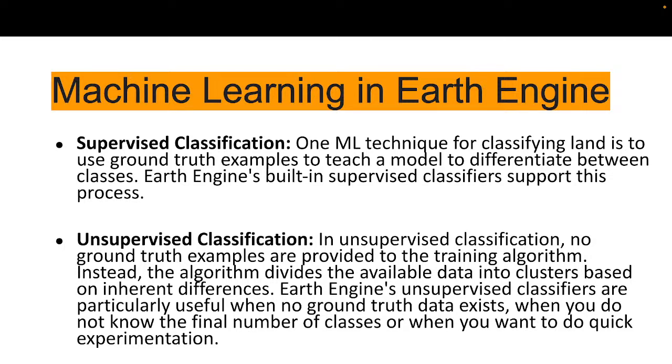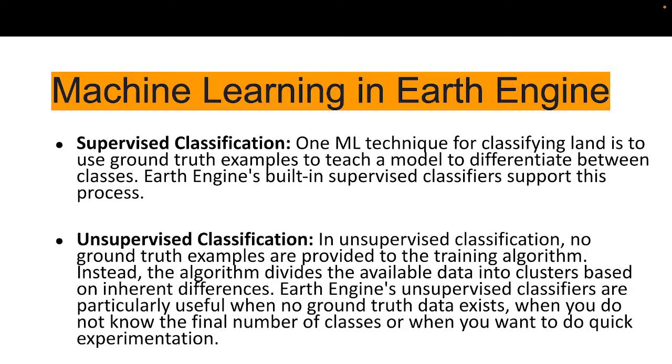If you want, you can also apply the others on other platforms; semi-supervised and reinforcement learning need other algorithms. But in Google Earth Engine, we can easily perform supervised classification as well as unsupervised classification. So now we talk about what is supervised and what is unsupervised.